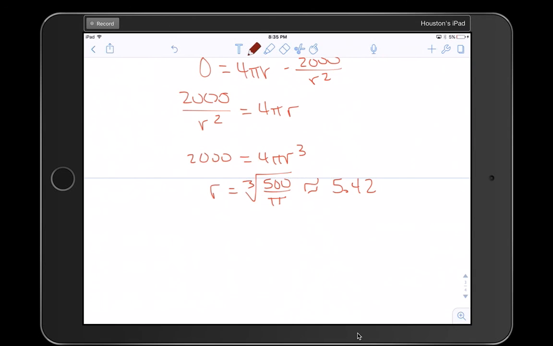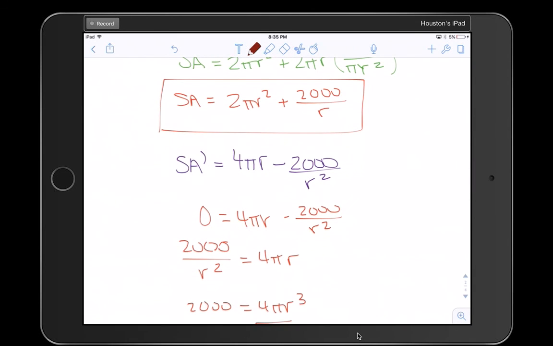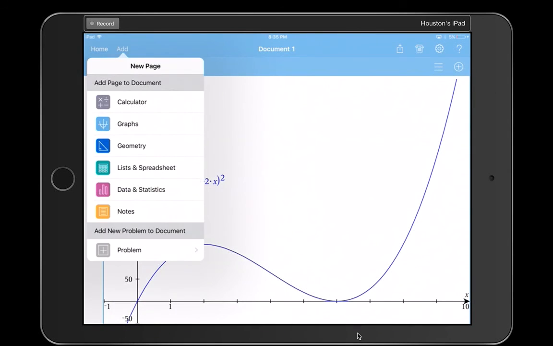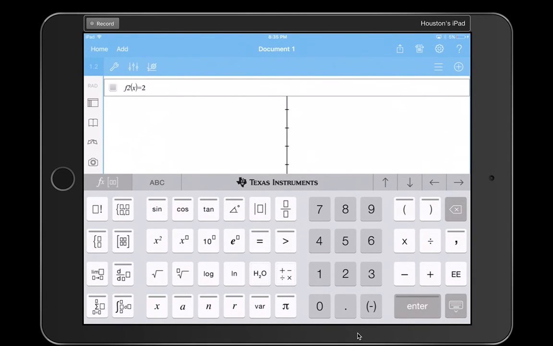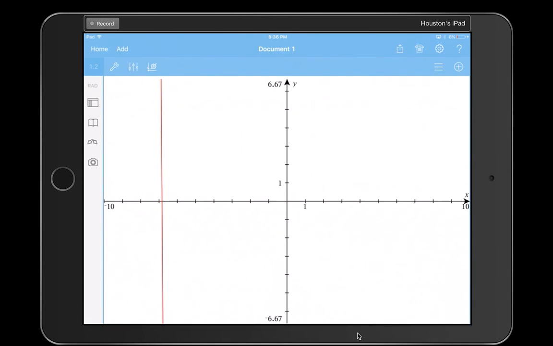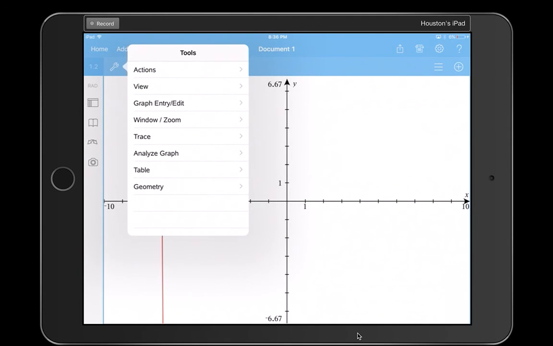So we never really thought about what the domain was in this problem. So let's go back and let's graph that surface area equation. We're definitely going to have to adjust the window.